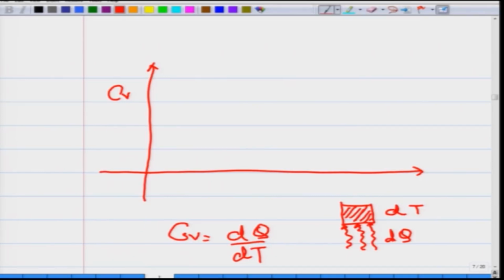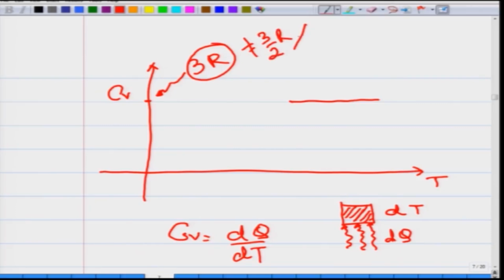They took a solid and measured its specific heat, and of course, at high temperatures they found a constant value. The specific heat was constant as a function of temperature, over whatever range of temperature was possible at that time, and the value they obtained was not 3 by 2 R, but 3 R. Clearly, this was a deviation from what is known for gases.